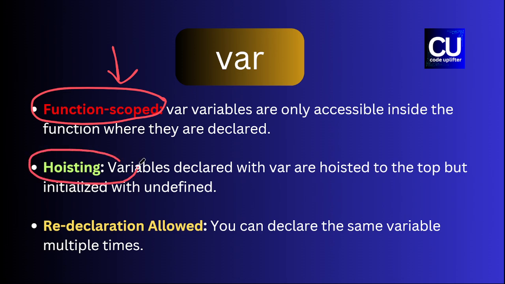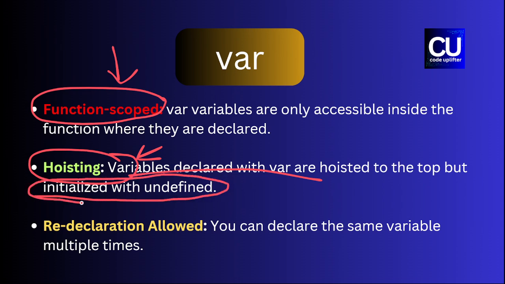It is hoisted to the top. That means in the examples we have seen, the declaration part is hoisted to the top, but initialized with undefined. But this is not the case in let and const. Let and const are hoisted, but not initialized with undefined.